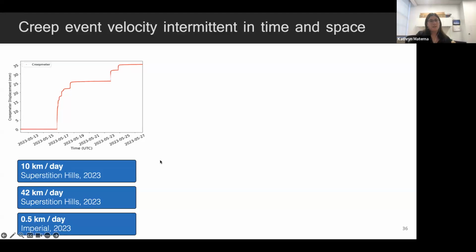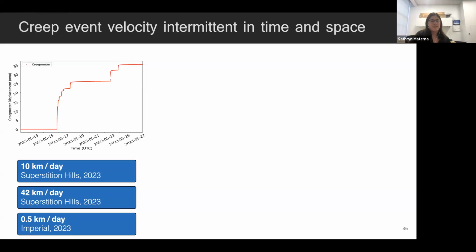But the compilation of our various data sets also suggests that this process may be burst-like in space as well, because we have a different velocity for propagation, whether we look at the overall picture or whether we look at one little part of the fault, and a very slow velocity for the Imperial fault that we cannot determine whether it was a steady process or an intermittent process with a pause.